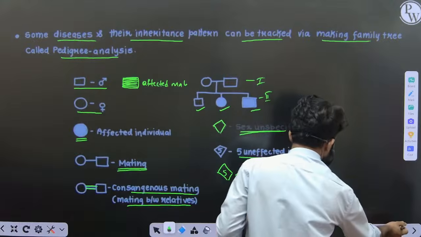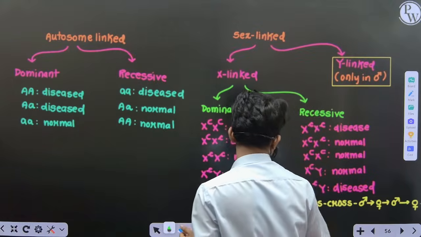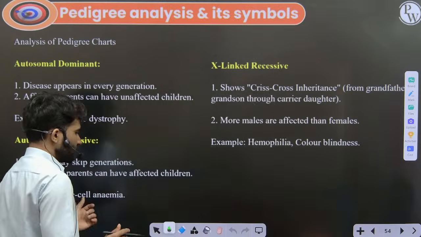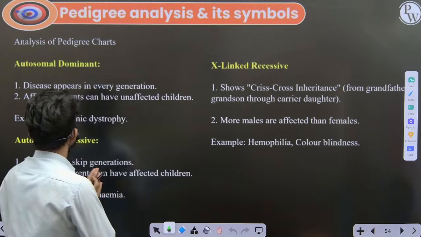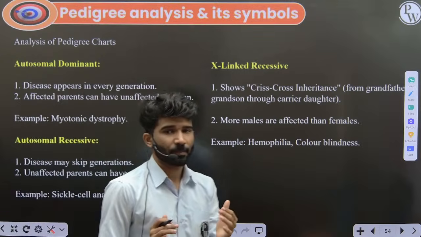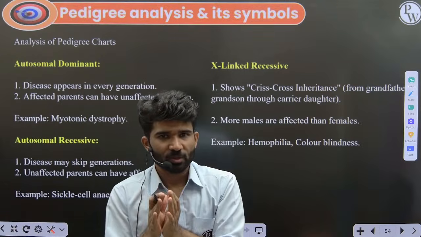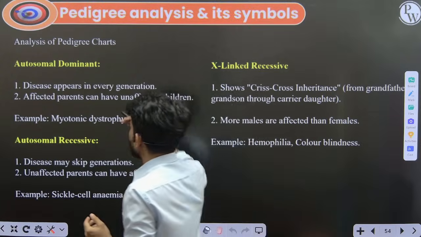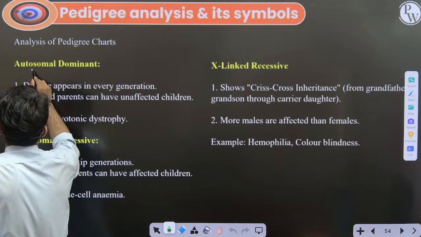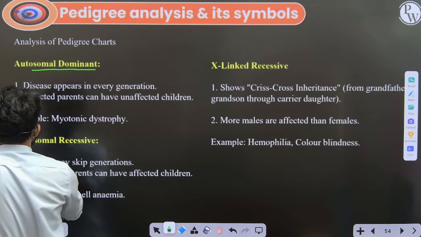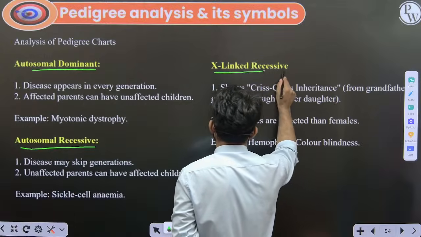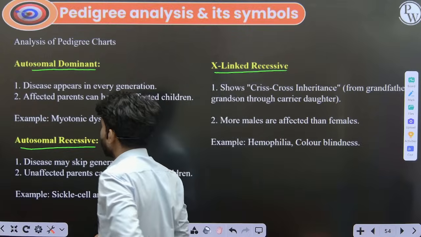So the next part is about the pedigree charts. If you see a pedigree chart, you can see that there are different types of disease. There are different types of chromosomes: autosomes and allosomes. When it comes to the autosomes, the disease might be autosomal dominant or autosomal recessive, or the disease might be X-linked recessive.